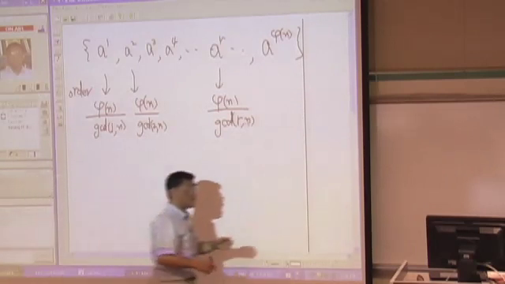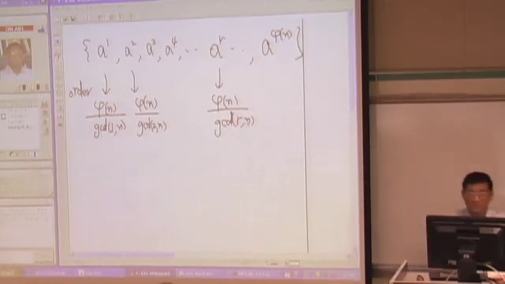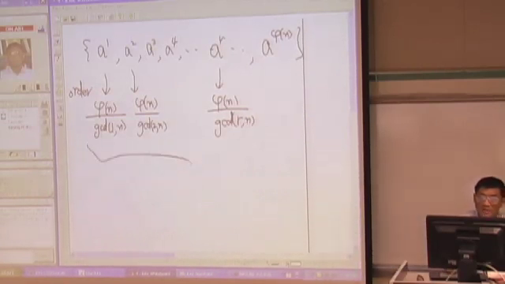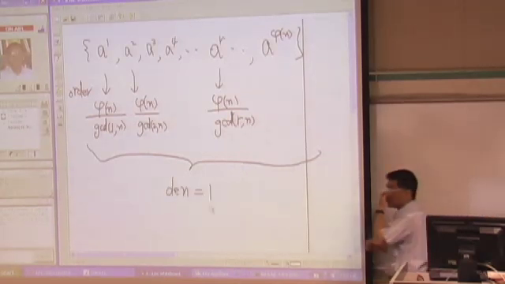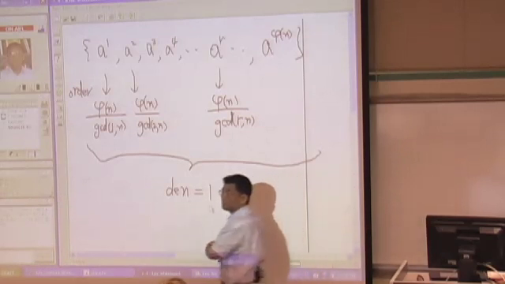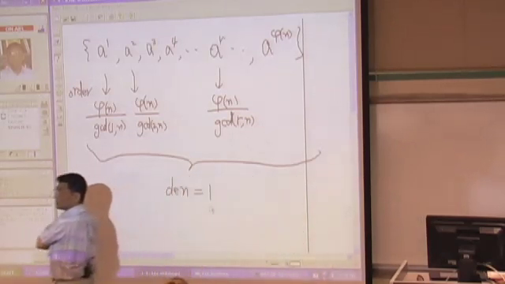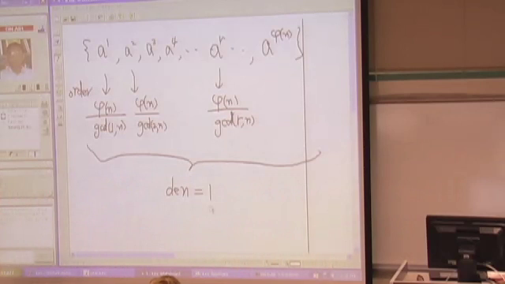So among these things, how many have denominator equal to 1? Among these orders, how many have denominator equal to 1? Only when GCD of r and n is equal to 1. How can you count that kind of number?